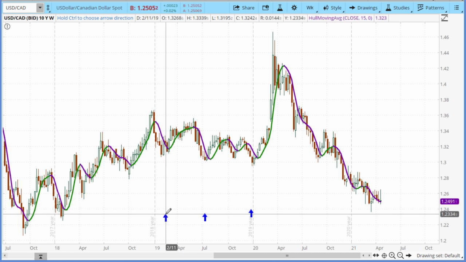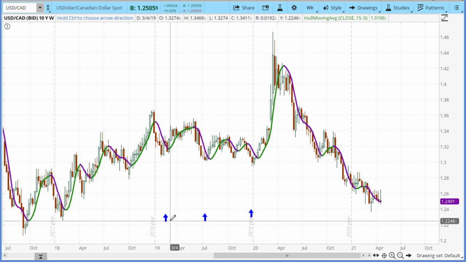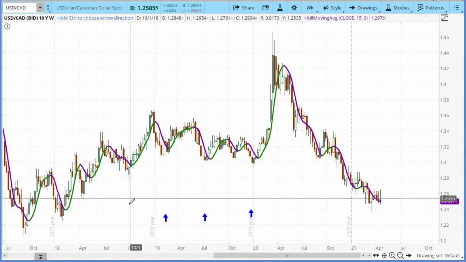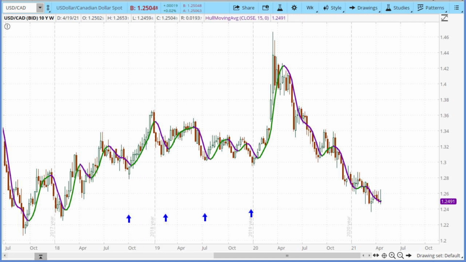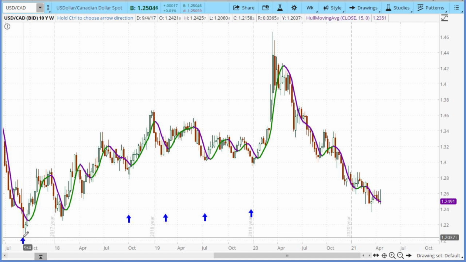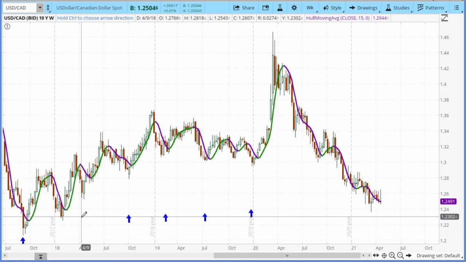What I'm noticing is there's a common distance between these lows. Remember, cycles are measured from low to low. So I put another one right here, and this is looking like an interesting rhythm. There's clearly a low right at this point. Then if I look for another common distance, it really looks like it's right over there.